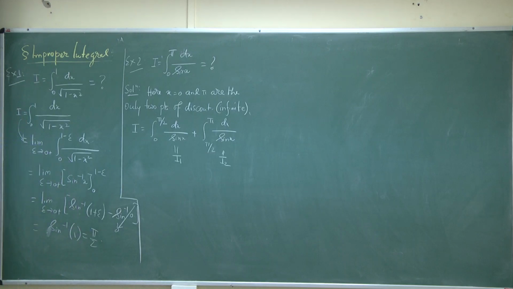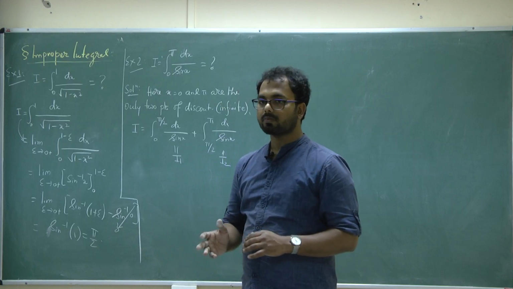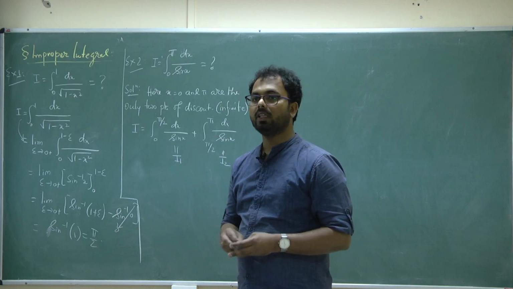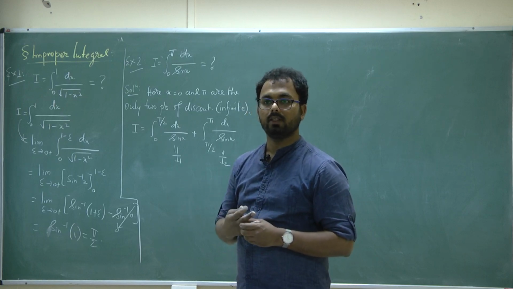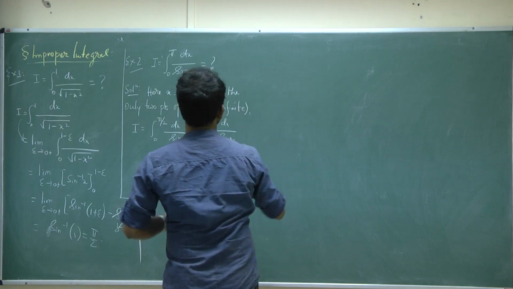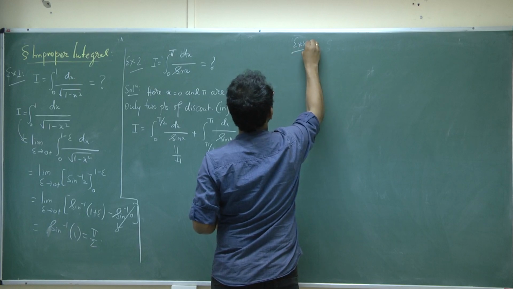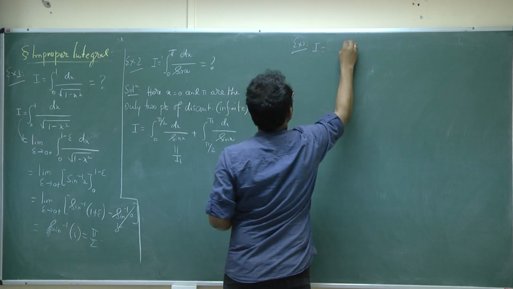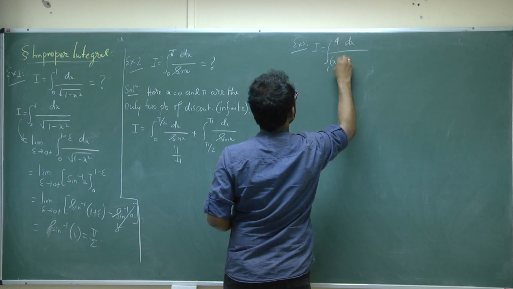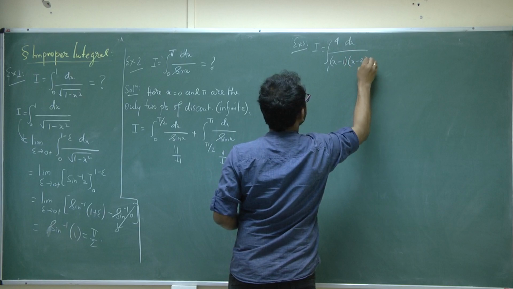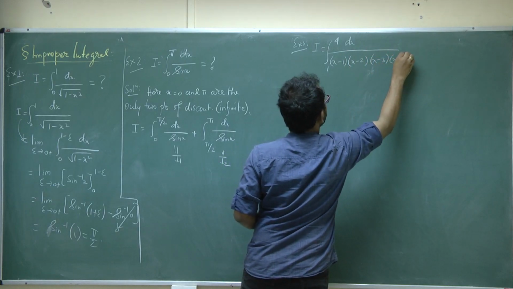It may also happen that when you are dividing a given interval, you may end up having more than 2 points of infinite discontinuity. For example, let's say the third example is I equals to integral from 1 to 4 of dx by x minus 1, x minus 2, x minus 3 and x minus 4.